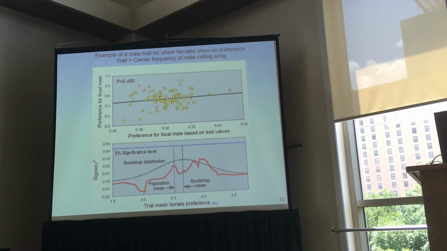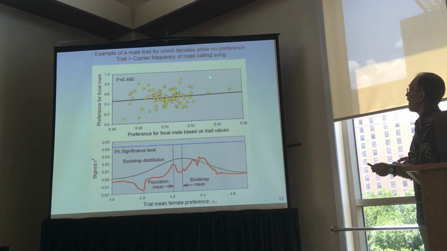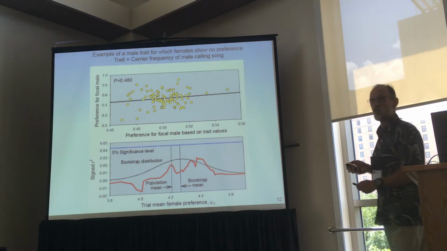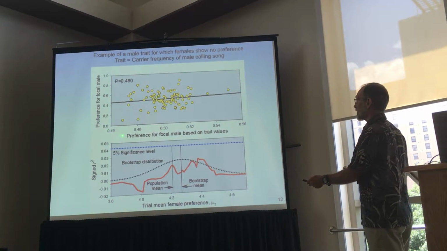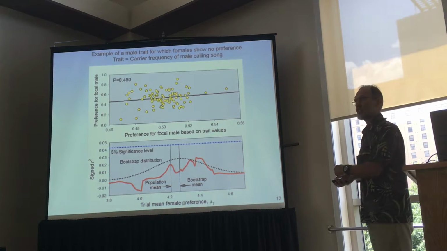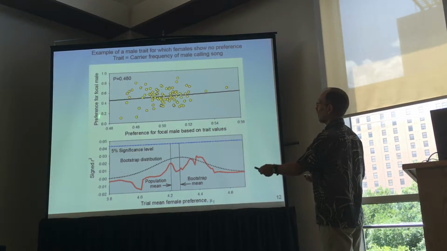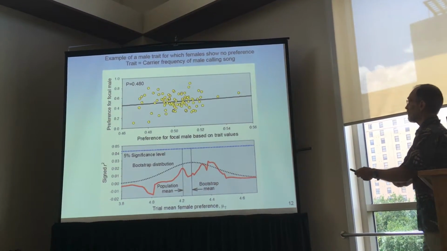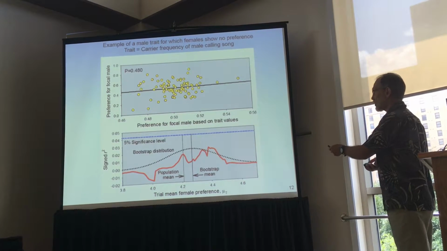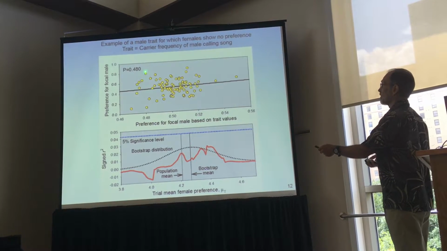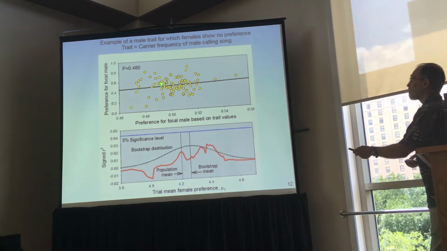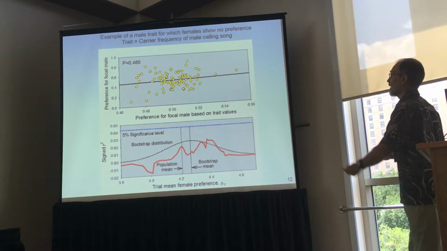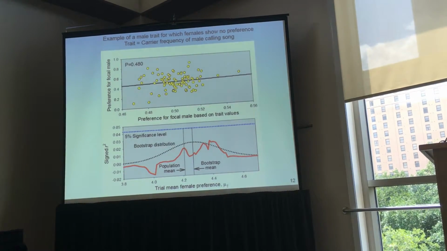So the first one then is the carrier frequency of the male calling song. This is then the test for directional selection. On this axis we have the preference for the focal male based on its trait values, and the preference for the focal male based upon the relative number of trips the female made to that male. There are 93 observations in this experiment. In this case, you can see there's absolutely no relationship between this preference and the relative trait values.